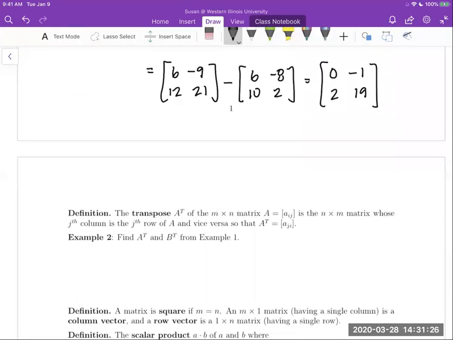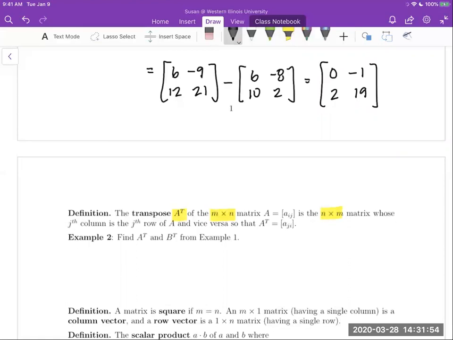All right, we can define what's called the transpose, and that's denoted by a superscript capital T next to our matrix. What that is, it's taking an M by N matrix and making it an N by M matrix. What it does is it takes the jth column of A and it becomes the jth row of A^T, and so on and so forth.